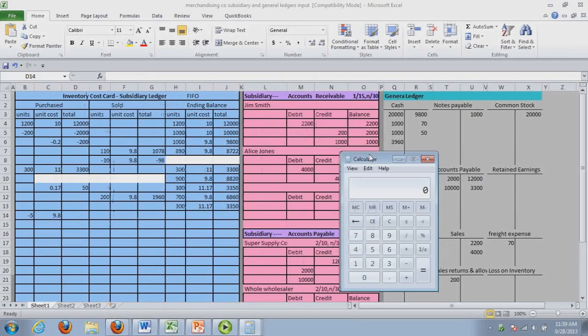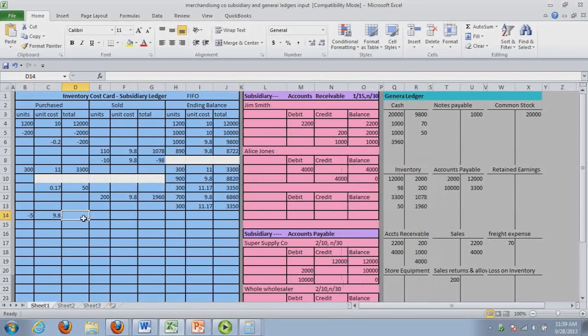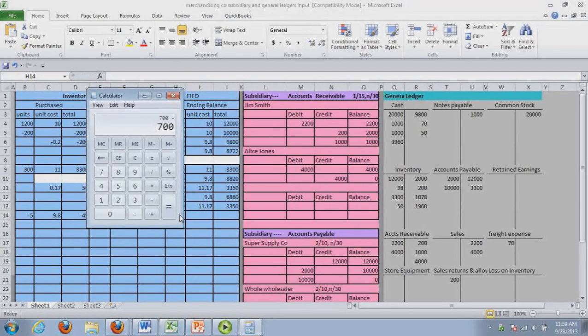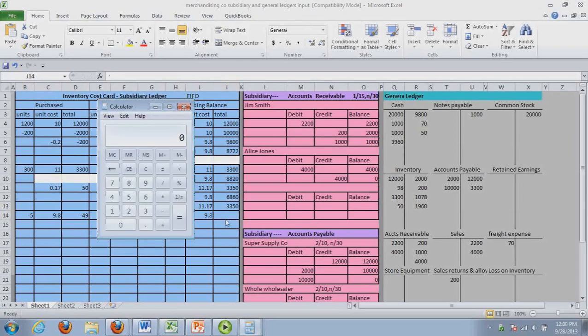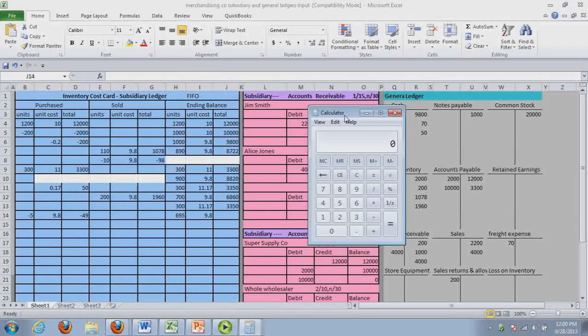So what's the cost of 5 units at the older price? $49. Okay, so minus 49, and then I'm going to bring it up to date. So we have, again, 700 units of the older minus 5. I'll have 695 units left. Okay, so I'm just bringing down the older stuff.